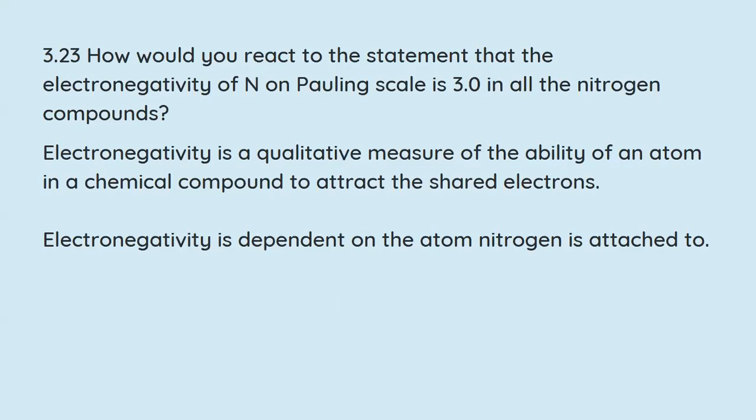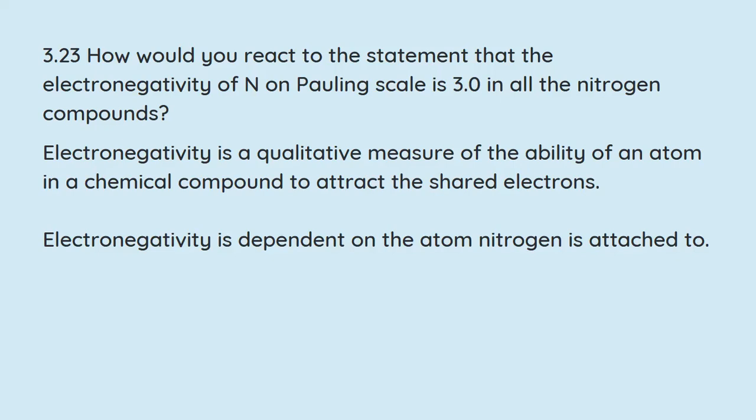Question 23. How would you react to the statement that the electronegativity of nitrogen on the Pauling scale is 3.0 in all the nitrogen compounds? Electronegativity is a qualitative measure of the ability of an atom to pull the electrons towards itself. Let's assume nitrogen is bound to an atom which has a higher electronegativity.